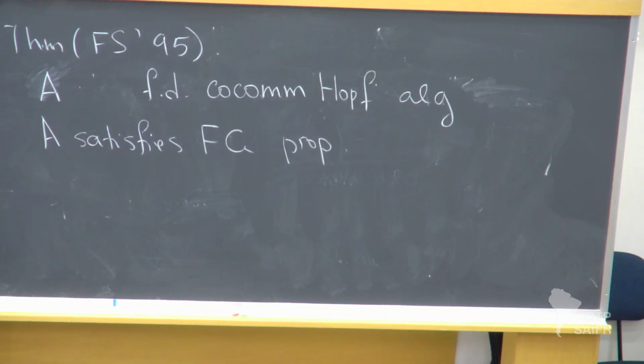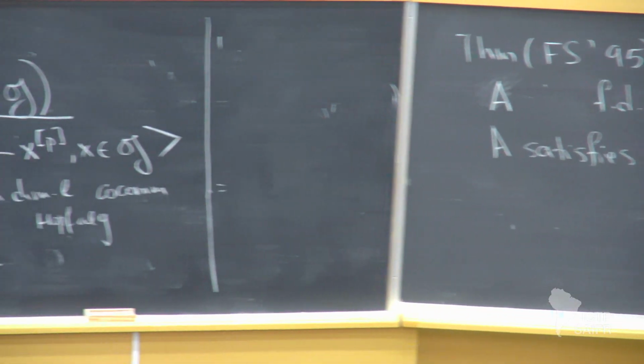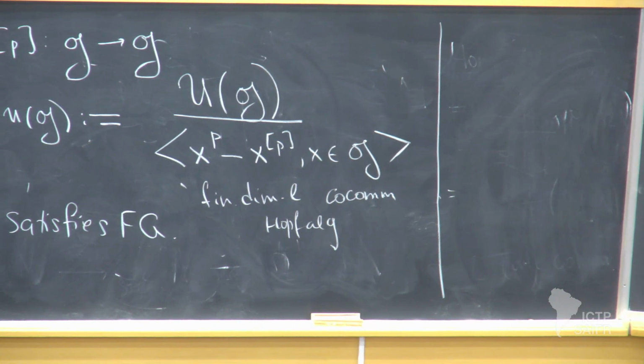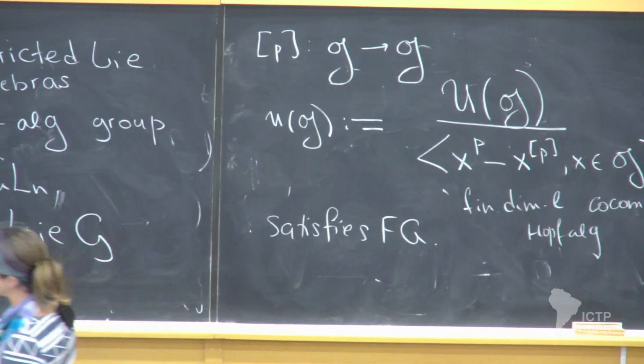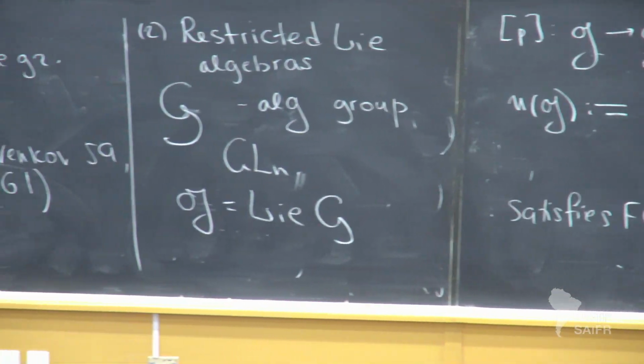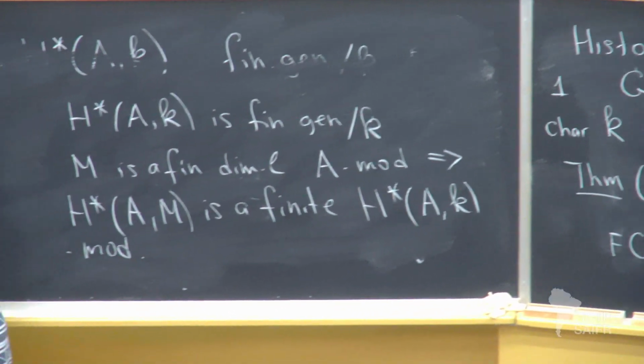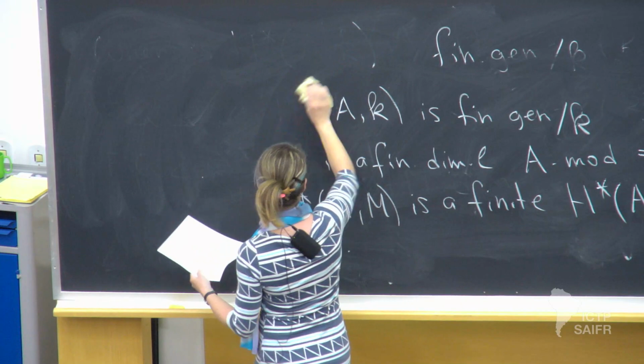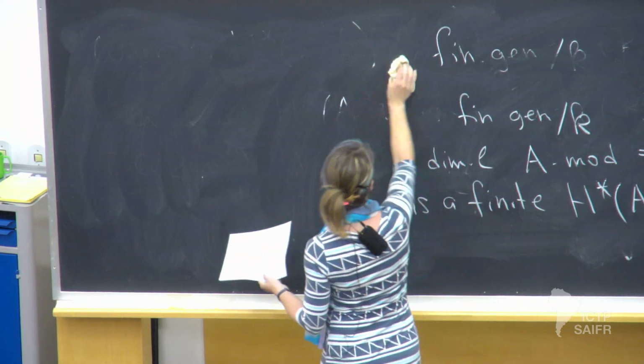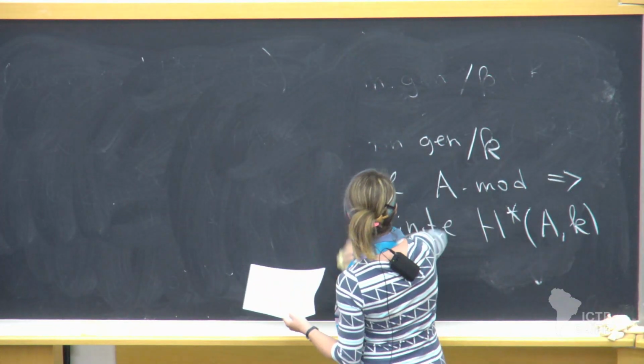Okay. I'm going to quickly run through various other results, and I'm sure I'll forget. I can't possibly mention everything, because by now there are lots and lots of results on finite generation, and not all of them about Hopf algebras. There are other things as well, but I'll mention some.